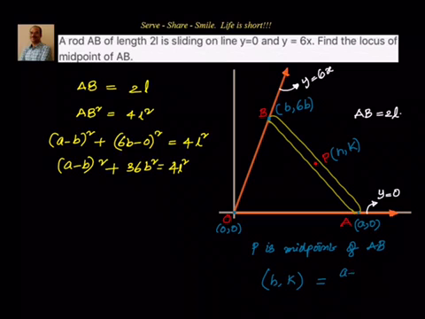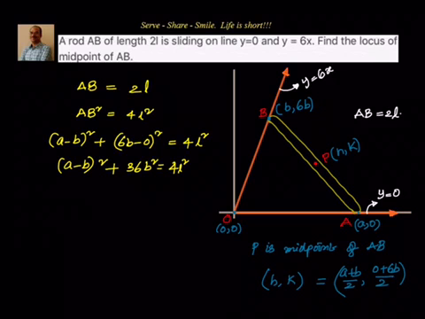Applying the midpoint formula, we get a plus b by 2 comma 0 plus 6b by 2, that is 3b.